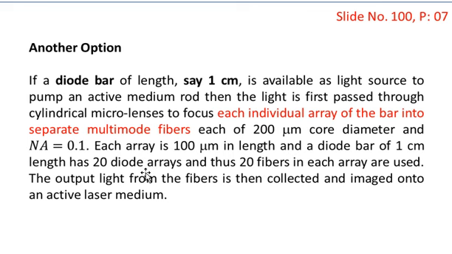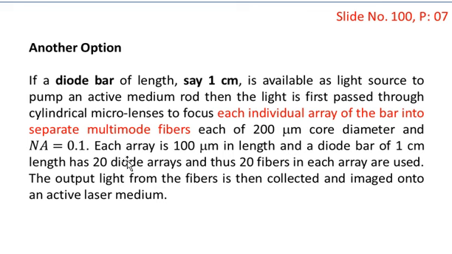Then you can use 20 fibers for each array, collect the light from each diode array, and combine those to form a single beam. The output light from the fibers is collected from each fiber and imaged onto an active laser medium.